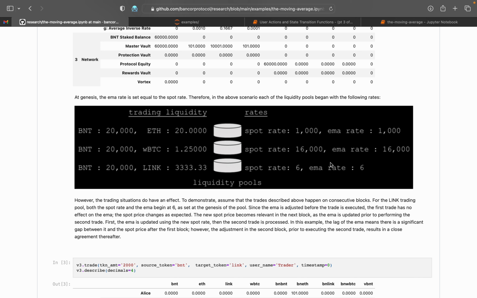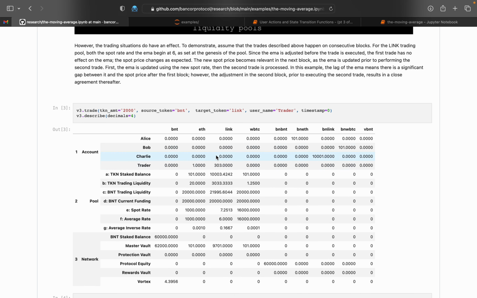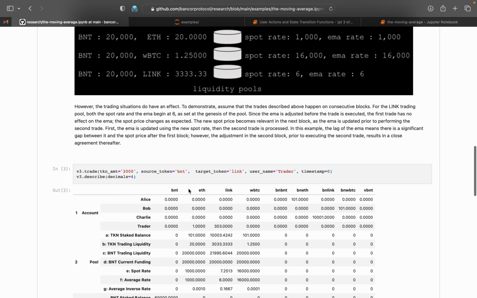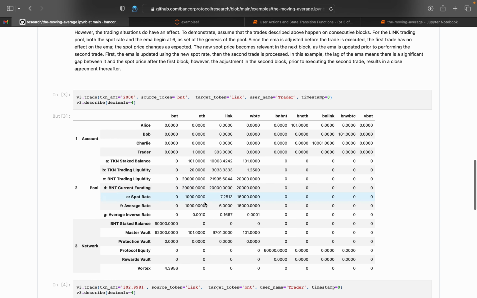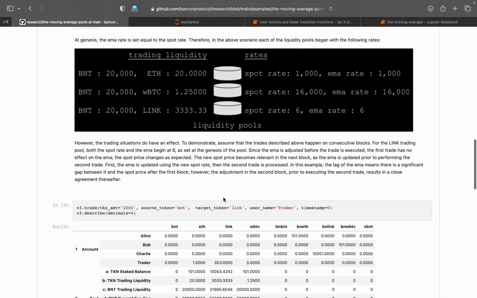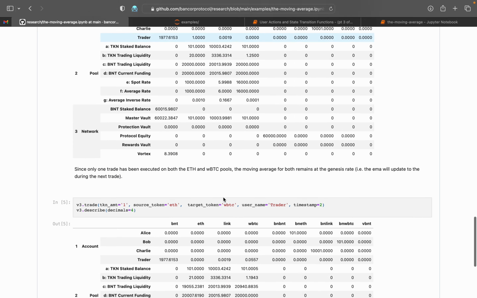So anybody who is so inclined, I would encourage you to have a look at this notebook and give it a run through. You can see that basically the balances will match up between the different values that are stated.